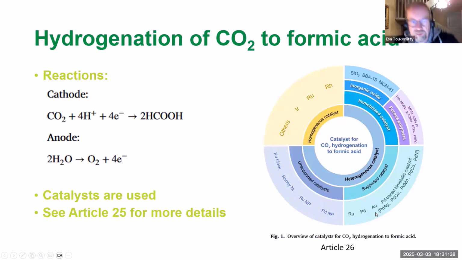But already from this variety of catalytic materials, there are hundreds or thousands of different combinations. So the research on this topic of electrochemical reactions, when you can coat the cathode and the anode with different catalytic materials, and how to optimize and so on, is quite challenging and time-consuming research.